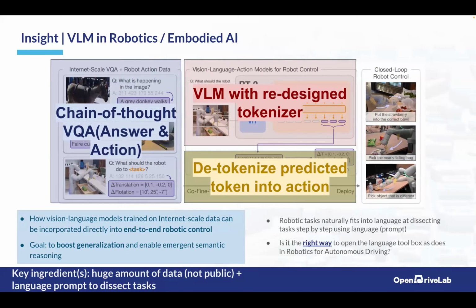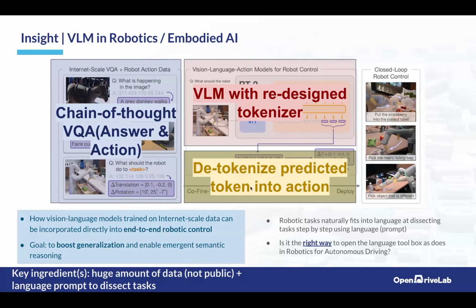This kind of redesigned tokenizer can handle actions that are numeric. Then when the model predicts the specific tokens, we de-tokenize those predicted tokens back into actions. This is not very intuitive, but it works really well, as shown in RT-2 and the RT series of works, where many robotics people are doing VLMs in action.